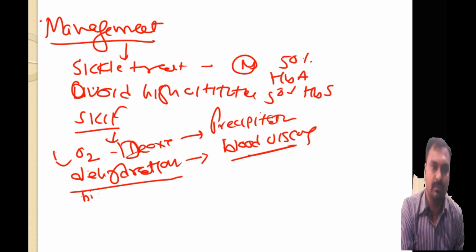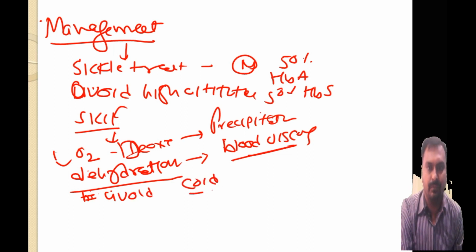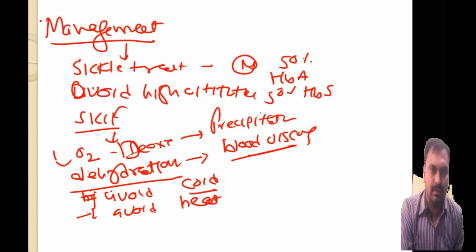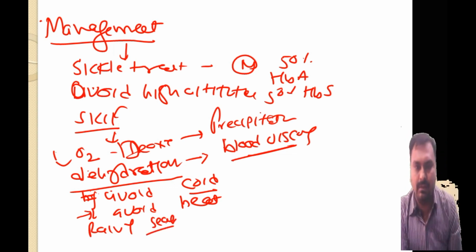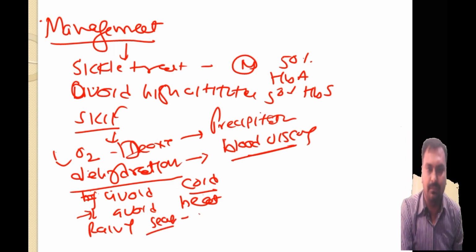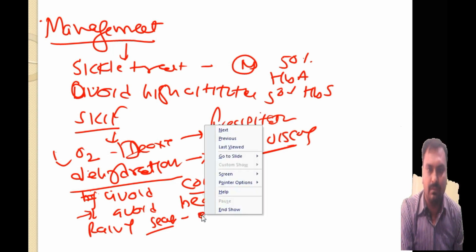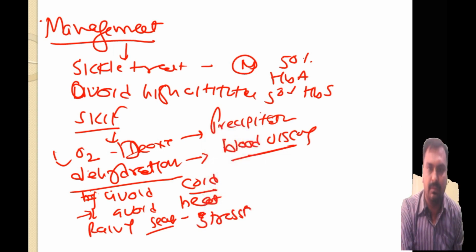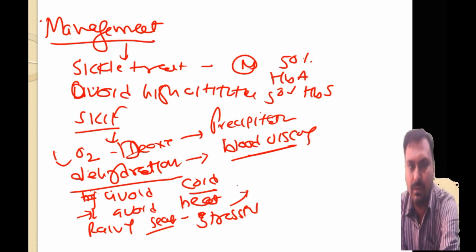That's why we tell the patient to avoid excessive cold, avoid excessive heat, try to avoid the rainy season, avoid rain, avoid any stressful condition, and avoid strenuous exercise also.